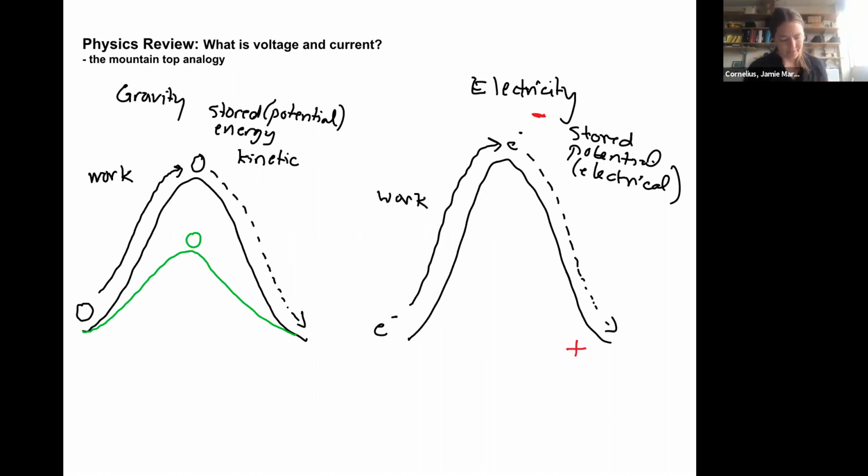So that difference right here, basically the height of the mountain, is voltage. And this is basically what we're talking about when we talk about potential. So when we talk about a resting potential, action potential, we're talking about basically this. How big is the difference in charge from one side of a cell membrane to the other?